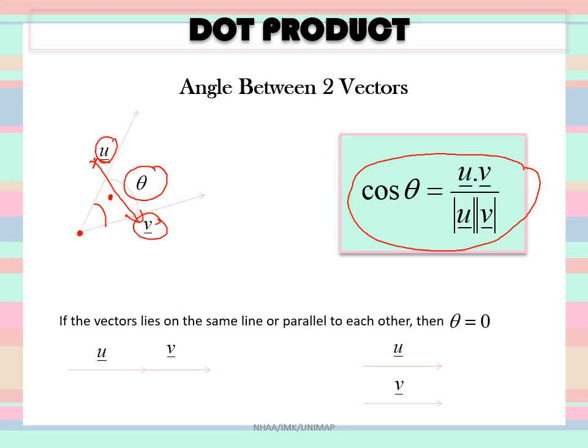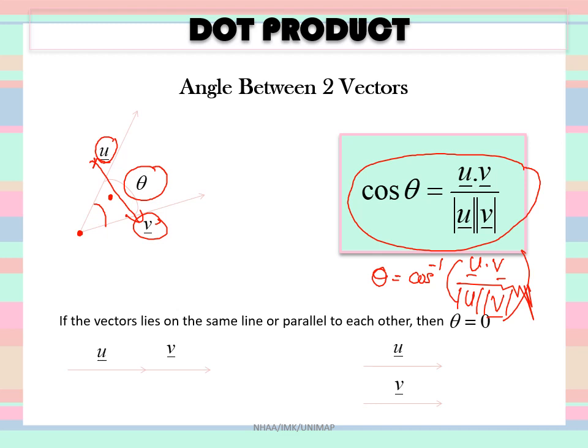Find the magnitude of u, find the magnitude of v, and multiply them. Then you get theta by the cosine of u dot v over the magnitude of u times the magnitude of v.